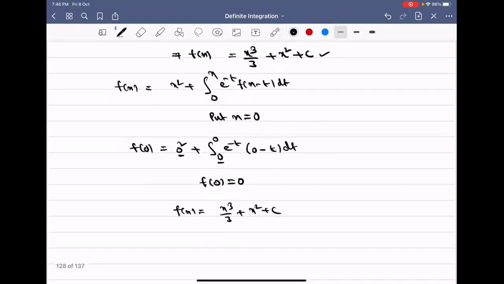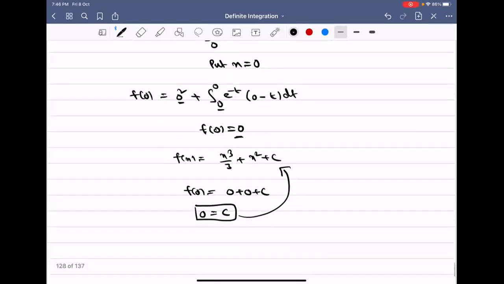So f of 0 is equal to 0 plus 0 plus c. Therefore, 0 is equal to c. So what we got? c is equal to 0. Again, you substitute c equal to 0 in f of x. That is our required function. Therefore, f of x is equal to x cube by 3 plus x square. So this is our answer.